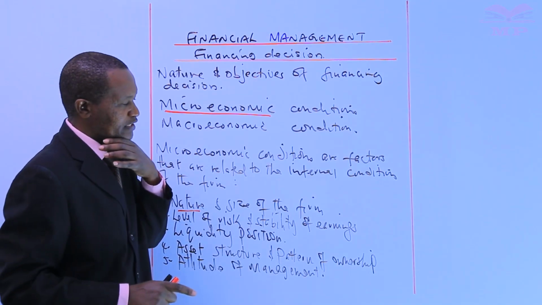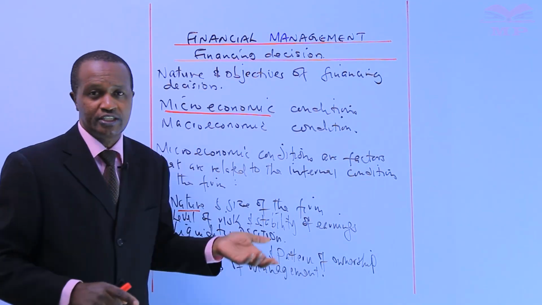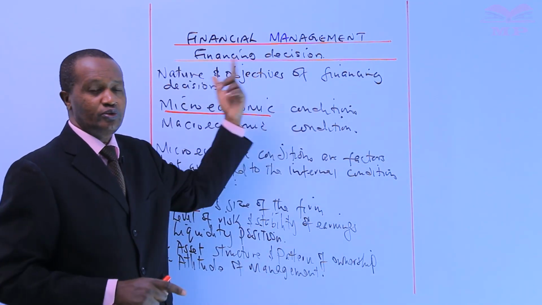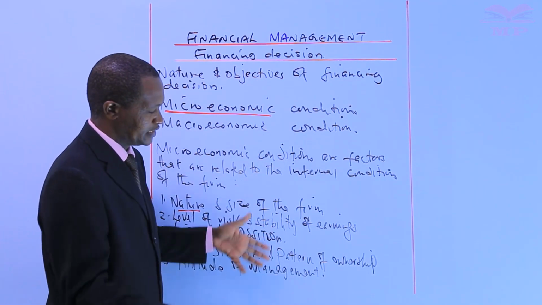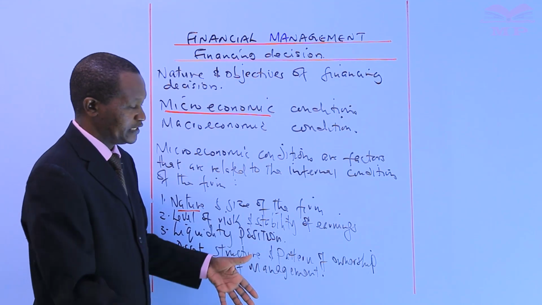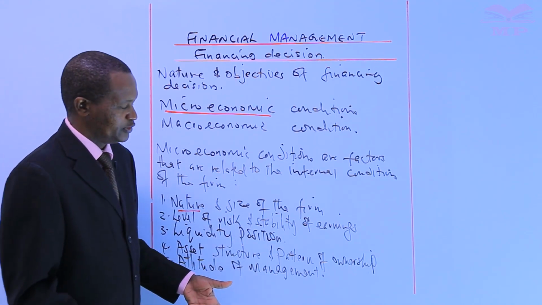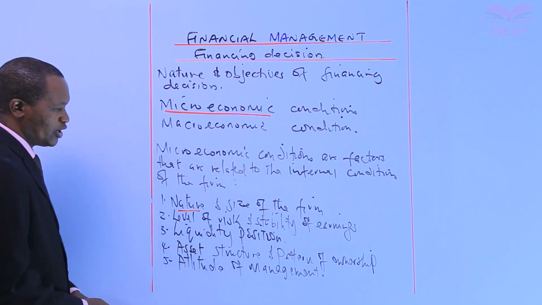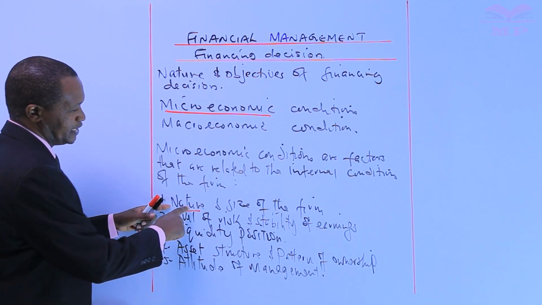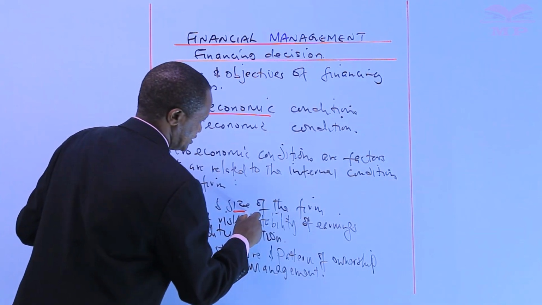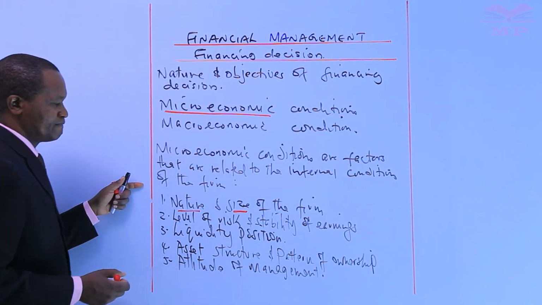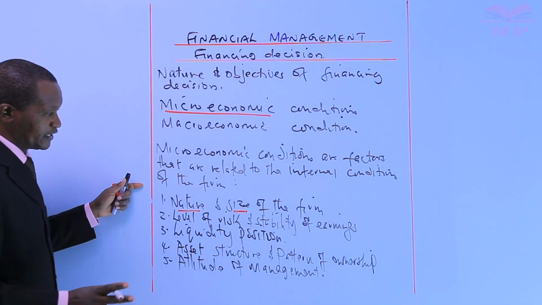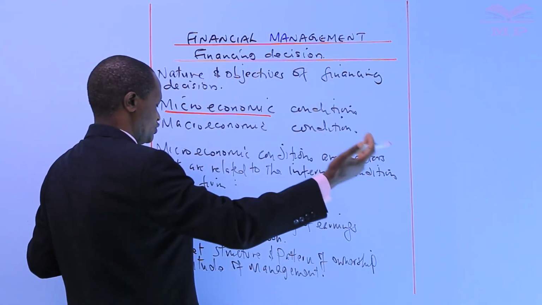Because if a firm gets its sources through maybe shares, then such a company is obligated to pay dividends to shareholders. But if a firm has generated these funds internally, then that company's dividend decision may be different. So you can see how the nature and the size of a firm influences financing decisions.